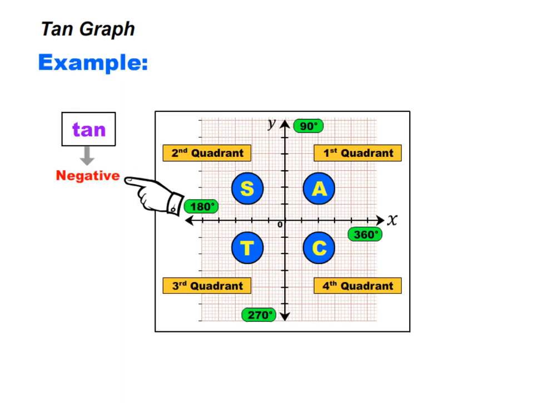Tan is negative in the second quadrant. And the second quadrant is between 90 degrees and 180 degrees. Tan is also negative between 270 degrees and 360 degrees.